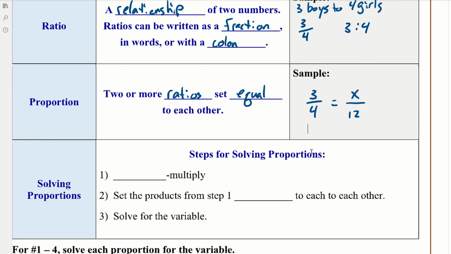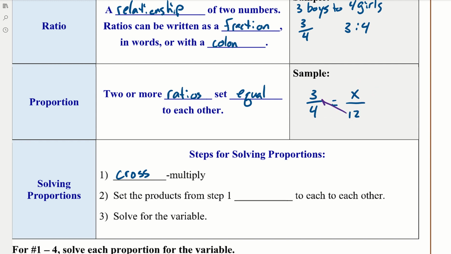Okay. So when we solve proportions, like if I wanted to say how many boys would there be if there were 12 girls, what I have to do is cross multiply. A lot of times, like in middle school, they do this butterfly situation. I don't usually show it that way.